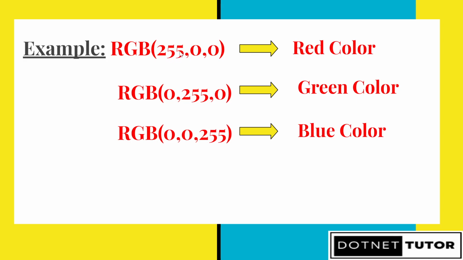If we give the max value at the first digit, it will give red color. If we give 255 in the middle, it will give green color. If we give the remaining places as 0 and the last place as 255, it will be blue color.